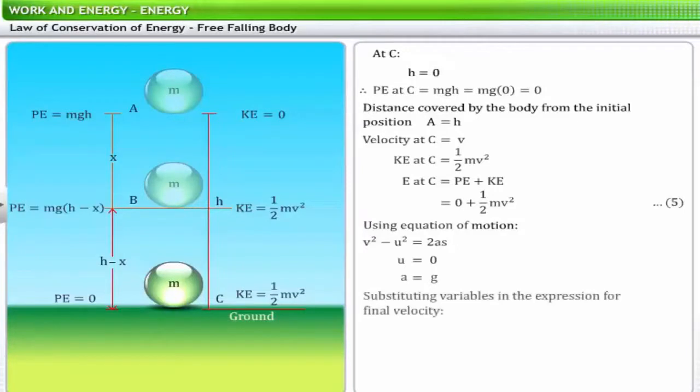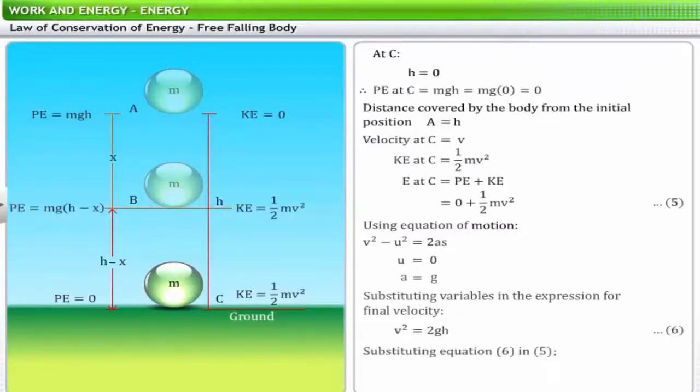By substituting the corresponding variables in the expression for final velocity and simplifying, you get the square of the final velocity of the body at B as 2gh. Let this be equation 6.